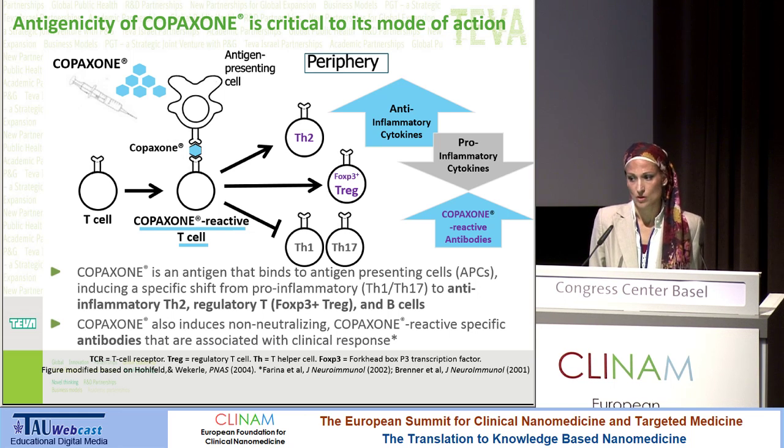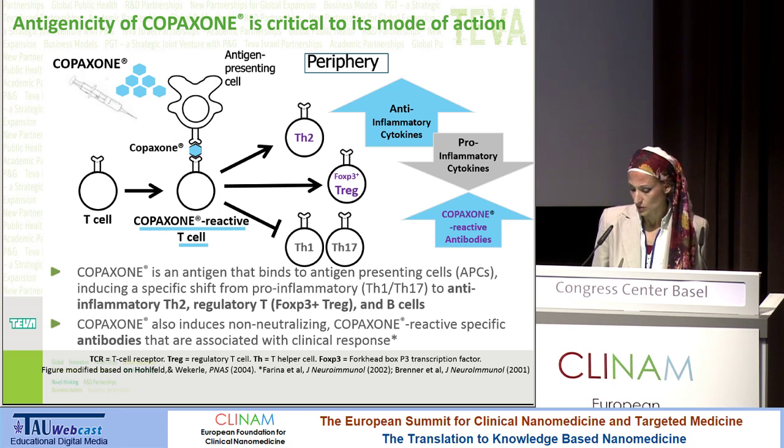We do know that once hydrolyzed, the fragments are being taken up by antigen-presenting cells, which present the fragments to T cells. They become Copaxone-reactive T cells and induce a shift from a pro-inflammatory phenotype, the Th1, Th17, to an anti-inflammatory phenotype of Th2, as well as T regulatory cells, which are marked by FOXP3.